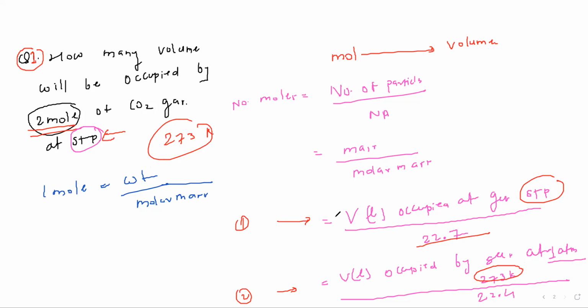First or second? First. Why first? Because they mention STP. If they mention 273 and 1 atmospheric pressure or 1 bar pressure, then you have to pick up the second one. Always remember. So can you solve this one?